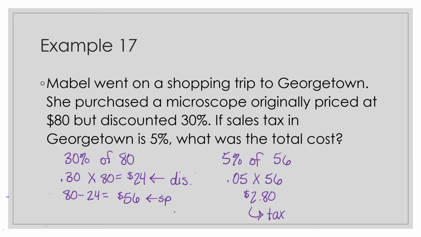So it wants to know what the total cost was. To find the total cost, we're going to take the $56, which was our sale price, add our $2.80 in tax, gives us a total of $58.80.